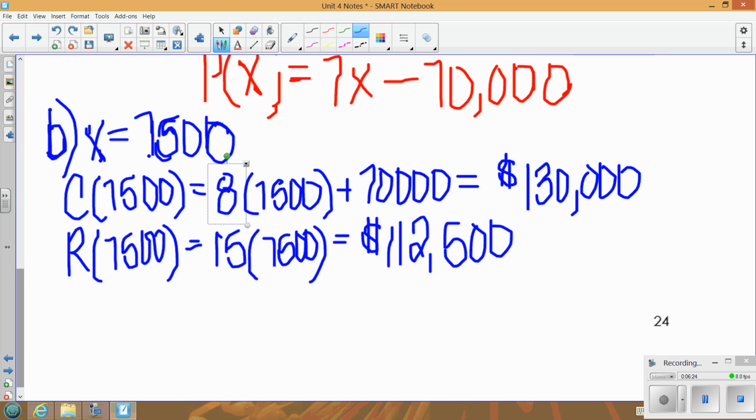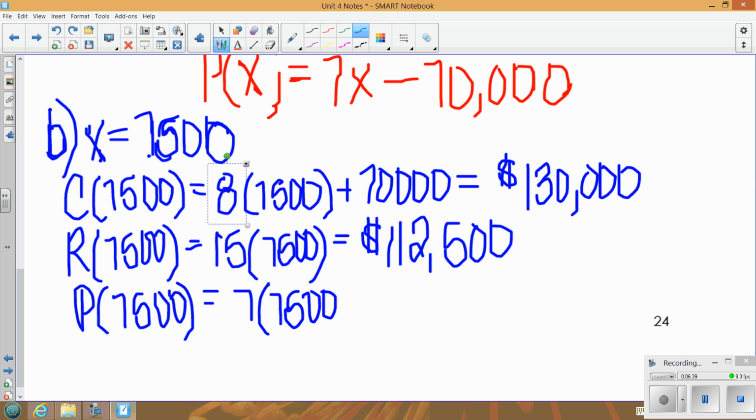And then the last one is the profit. So the profit, plug in 7,500. So we have 7 times the number of items minus the 70,000.